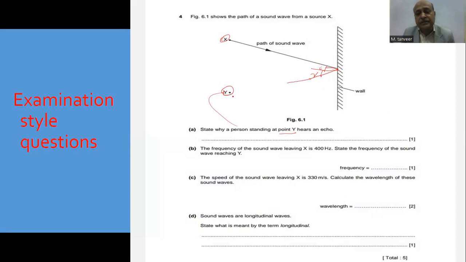For this reason, the person is standing at point Y. So you will write its answer: since sound is a wave, it obeys laws of reflection.